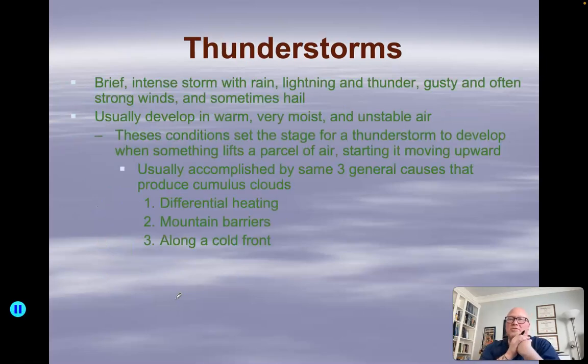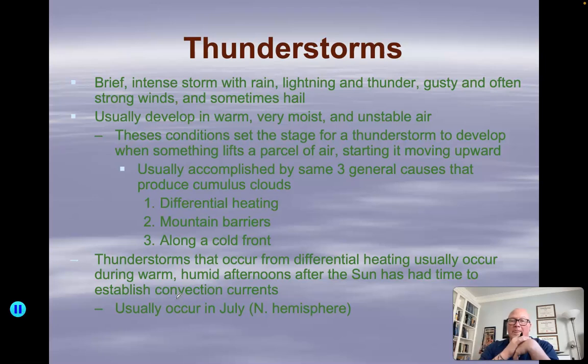Thunderstorms are when you have intense rain and lightning and thunder. This happens when warm, very moist, unstable air is pushed by a cold front. So you have differential heating. This air could be pushed up a mountain barrier or along a cold front, and so you're going to end up with a lot of rain, thunderstorms, and whatnot like that.